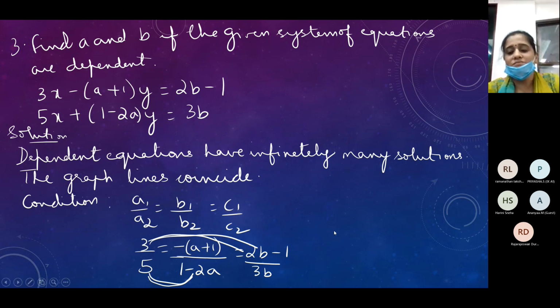Got it, children, online? Yes, ma'am. After substituting, you need to equate 3 by 5 with the second ratio, 3 by 5 and this one, to find the value of A. 3 by 5 with the last ratio, 2B minus 1 by 3B, to find the value of B. A is 8 and B is 5.